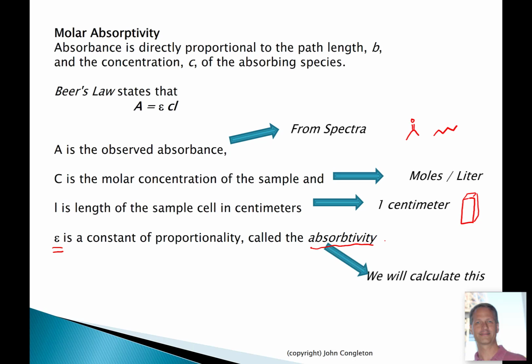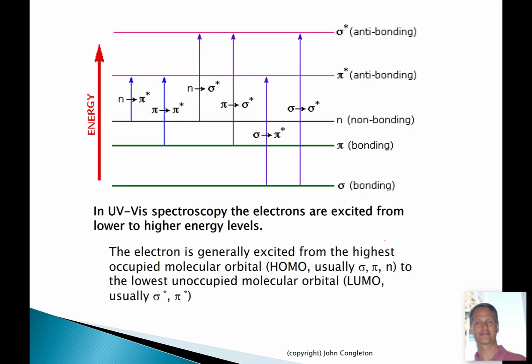So let's take a look here. Now, in UV-VIS spectroscopy, electrons are excited from lower energy levels to higher energy levels. So remember, we have this sigma bonding, we have pi bonding. This is your non-bonding line here, so things like lone pairs, for example. You have anti-bonding pi, and sigma anti-bonding up here at the top.